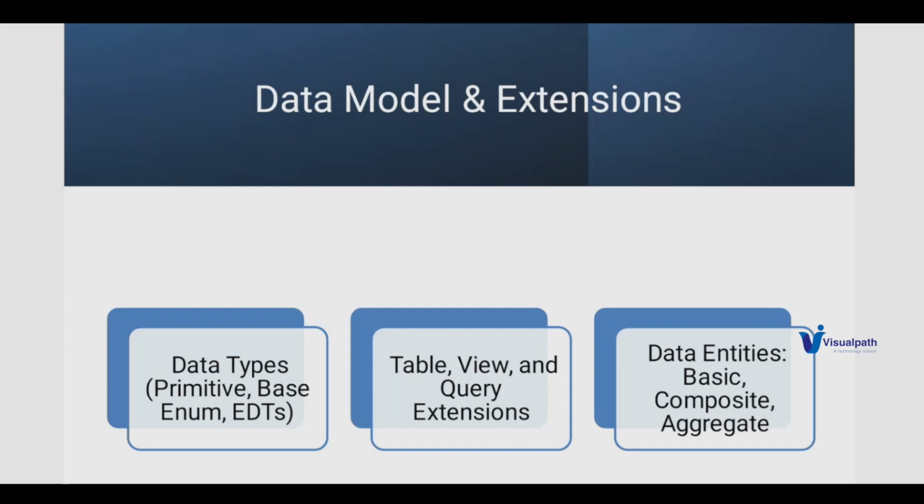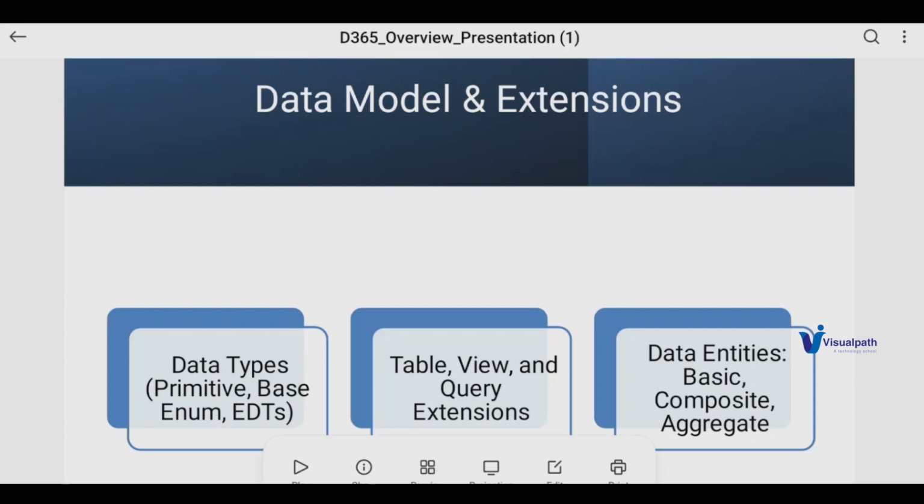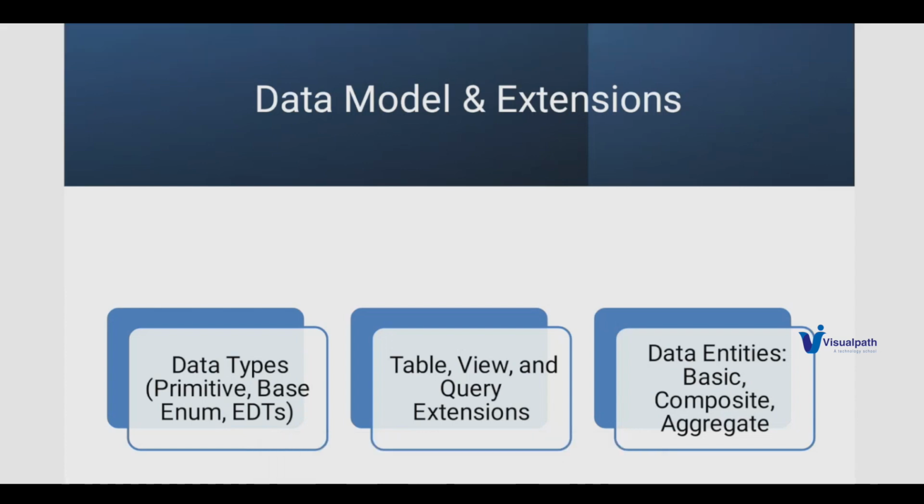So what EDT does is, you have to create a single reusable object. In the EDT, you will create a purchase order number EDT. Now in this purchase order number, you will define its type would be string. So you are using a primitive data type on this purchase order number EDT.